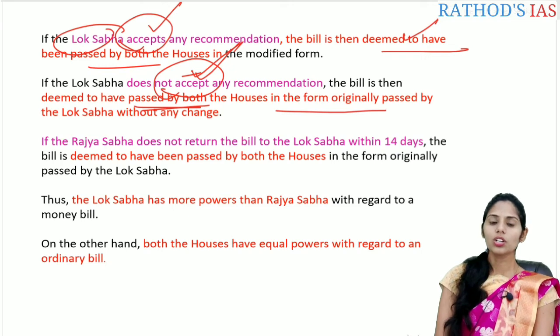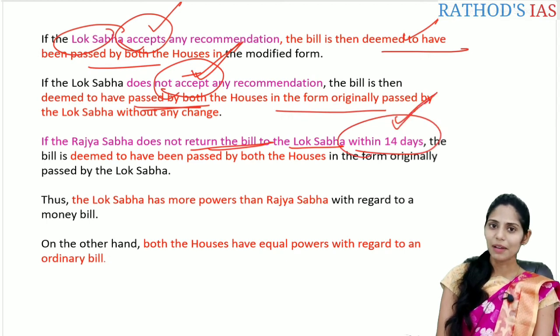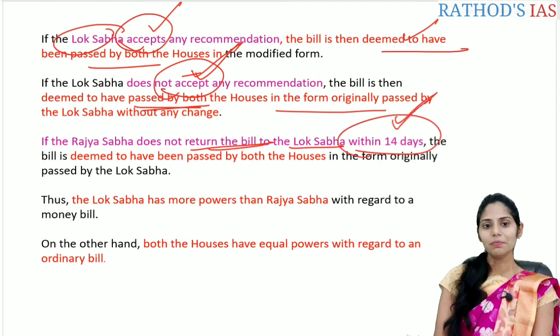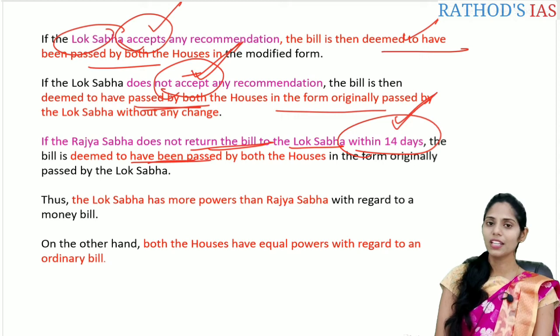Okay. So if Rajya Sabha does not return the bill to the Lok Sabha within 14 days, then what will happen? Nothing will happen. The bill is deemed to have been passed by both the houses in the form originally passed by the Lok Sabha.